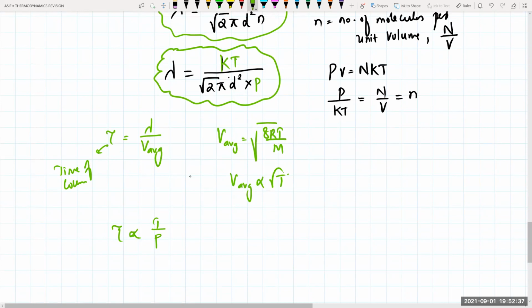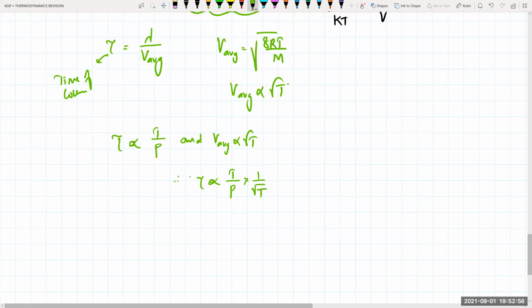And in terms of V average, since V average is proportional to root of T, tau will be proportional to T divided by P into 1 by root of T. I can even write like this.